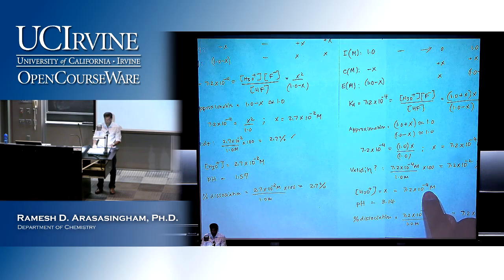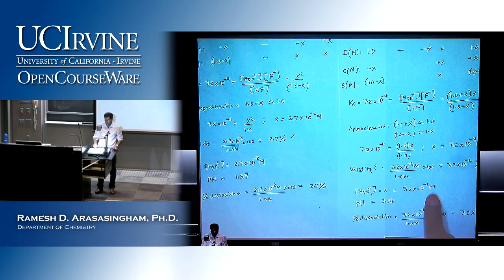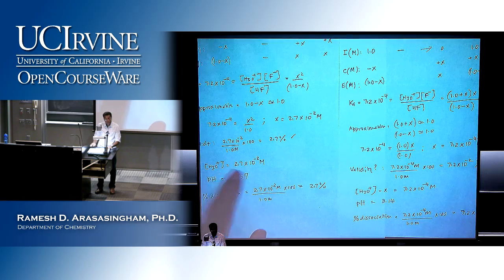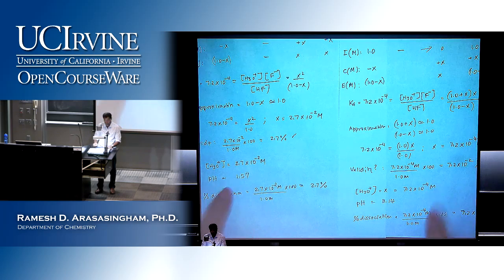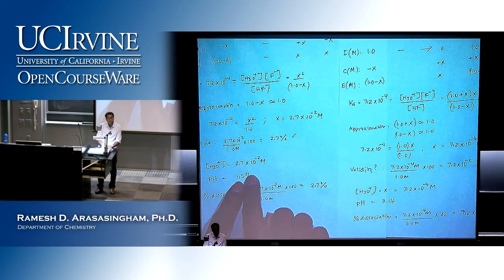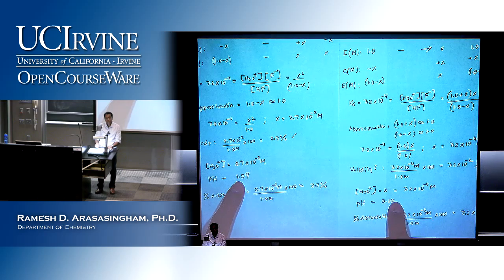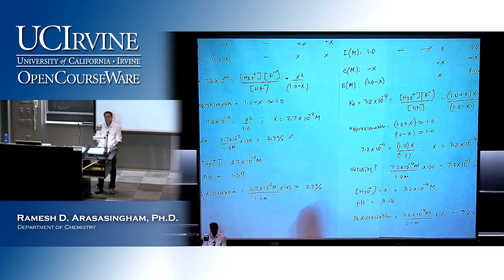All right? So you can see that without the salt, you have a higher hydronium ion concentration. With the salt, you have a lower one. The pH will be lower without the salt. It's 1.57. You can see adding a salt raises the pH to 3.14. If you look at the percent dissociation, without the salt, it's 2.7% dissociates.